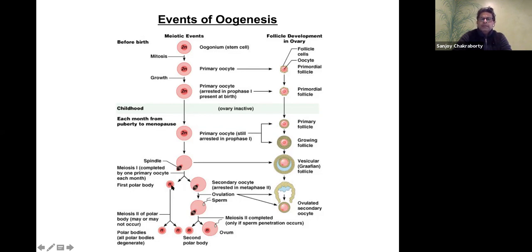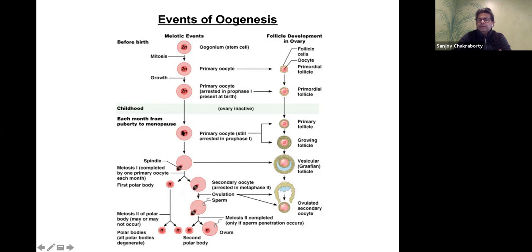This first polar body has 2 fates. Either it dies right there, or it can undergo meiosis 2 and then die. So basically all polar bodies degenerate anyway. So the only survivor is the other part of the cell, which is known as the secondary oocyte.